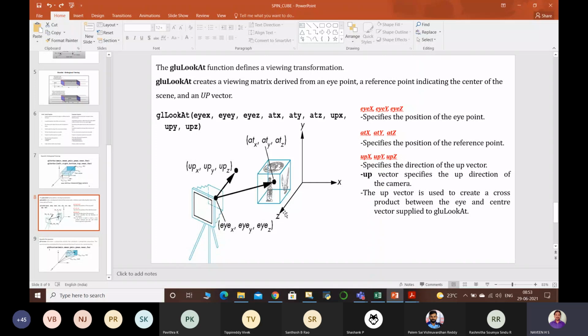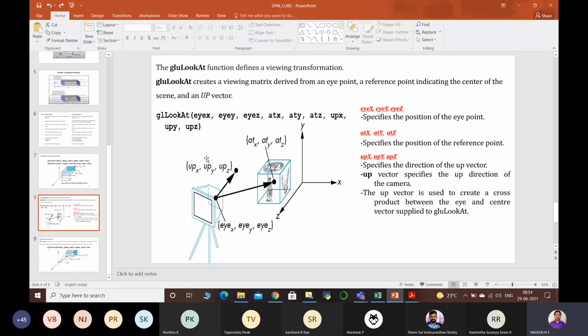When you are going to view the object, there is the concept of the up vector. One projected line is moving towards up. Those values at a particular point or particular visualization are also considered in the gluLookAt function. The up vector is used to create a cross product between your eye coordinate system and the at coordinate system, the center of projection.